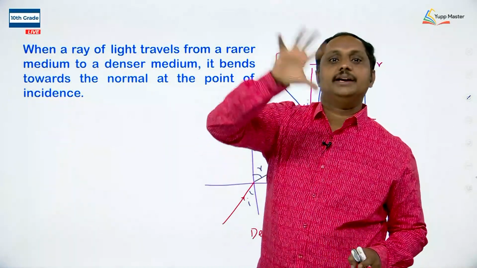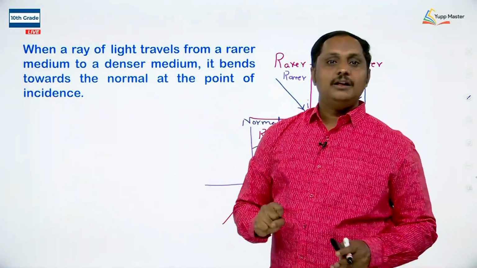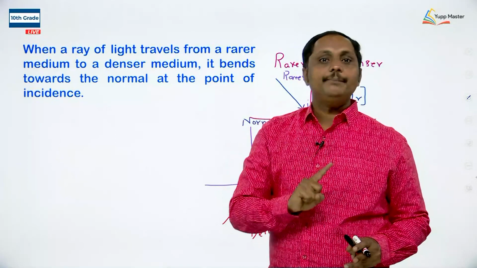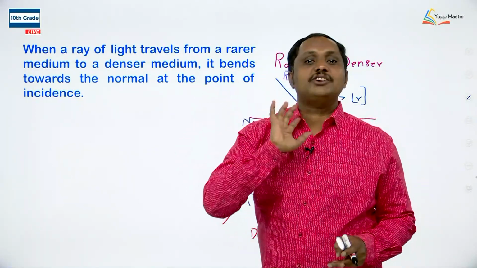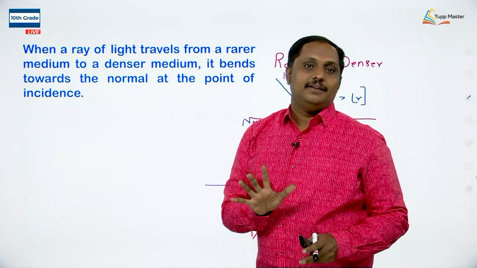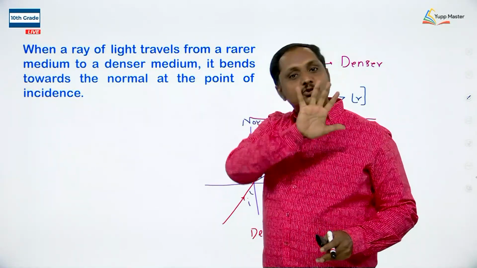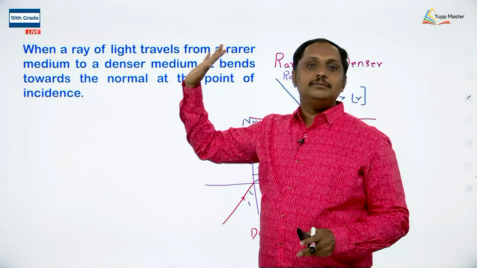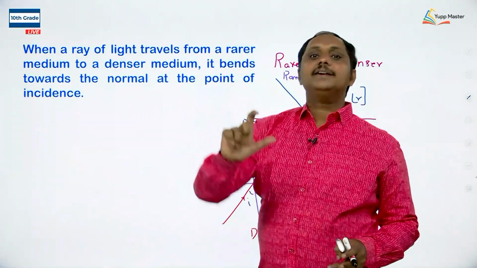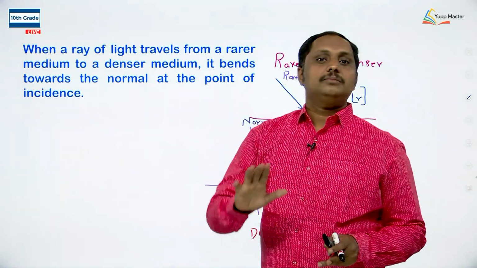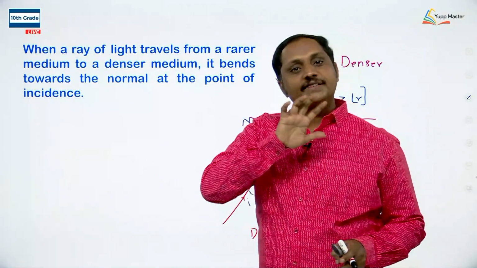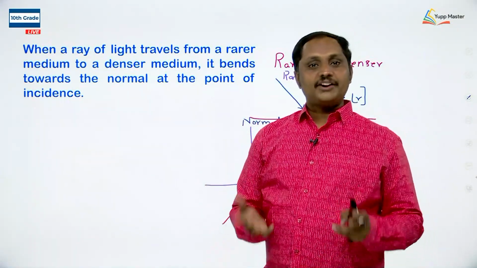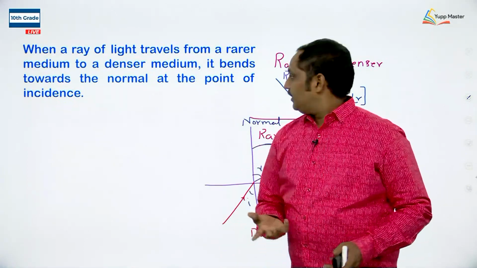If the density is the same at different parts of that material, then there is no bending, no refraction of light. If the density is uniform throughout the material, the incident light rays are not deviated and there is no refraction.